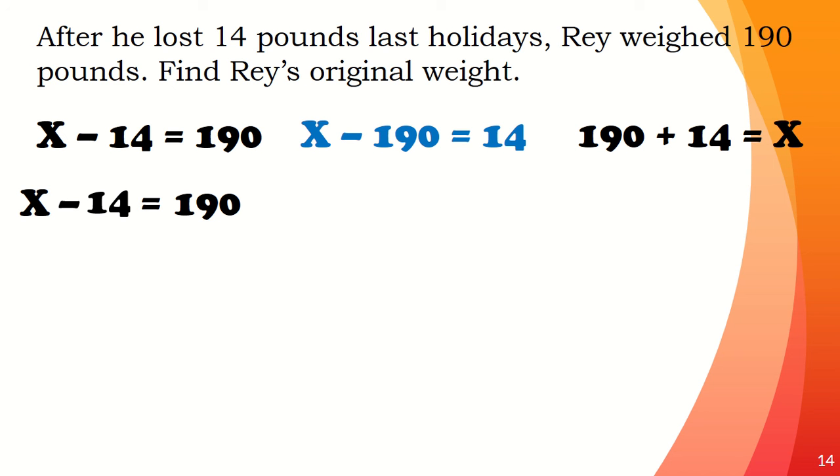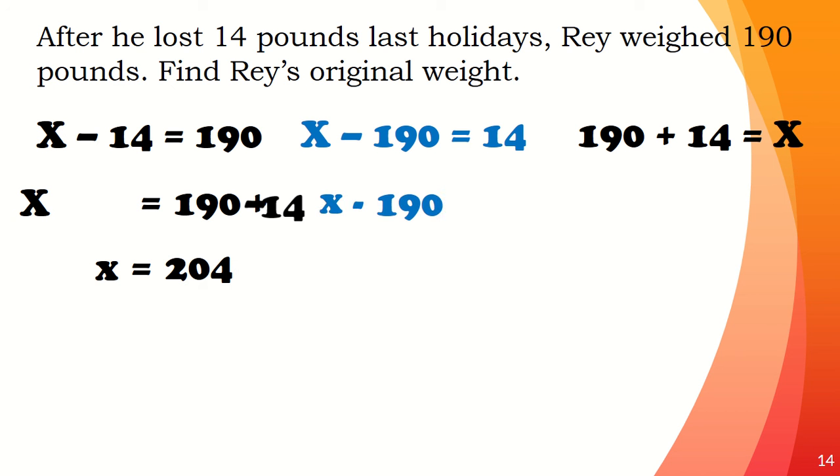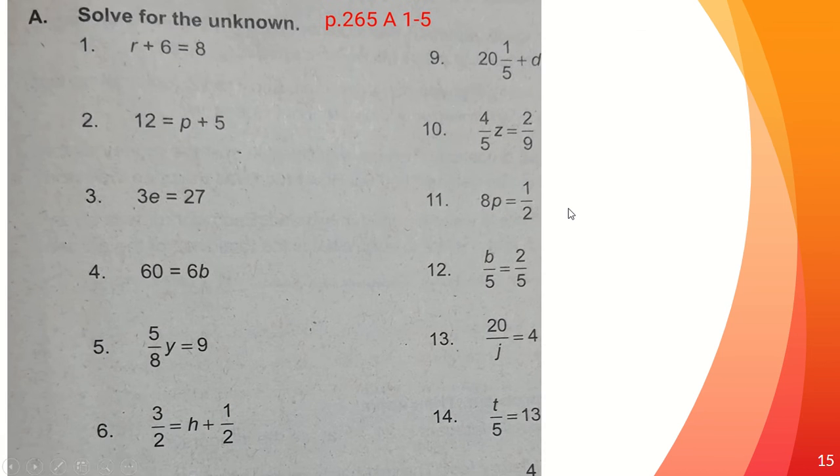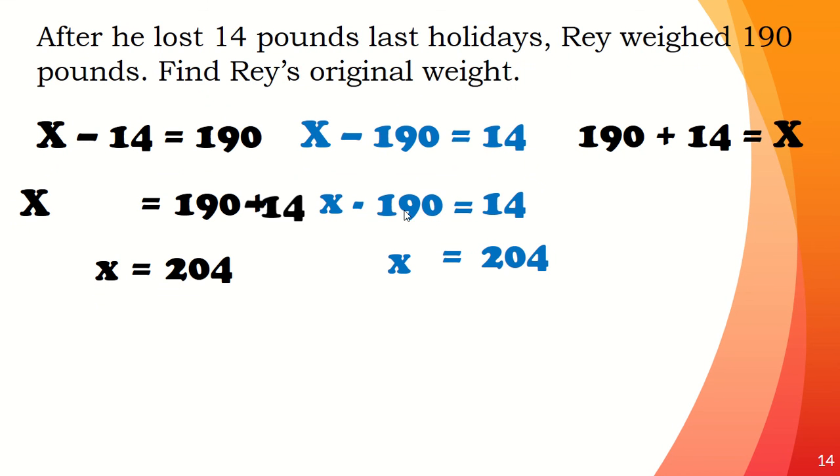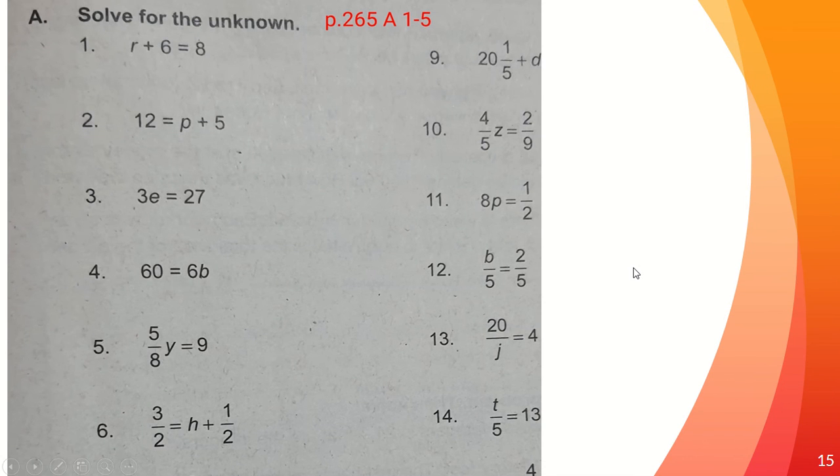So, you will move same term and you will move to addition. So it will be x equals 204. In this case, yun namang 190 ang imumove mo sa kabila. Then addition again. Okay. So, ito, madali lang naman. 190 plus 14 equals x.